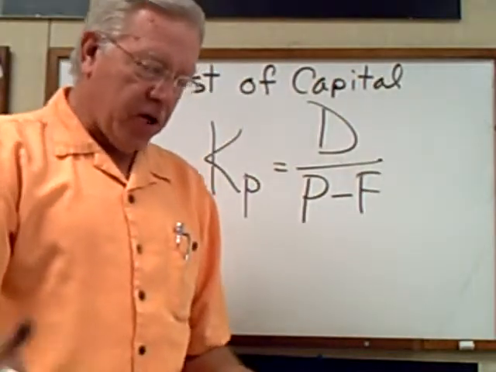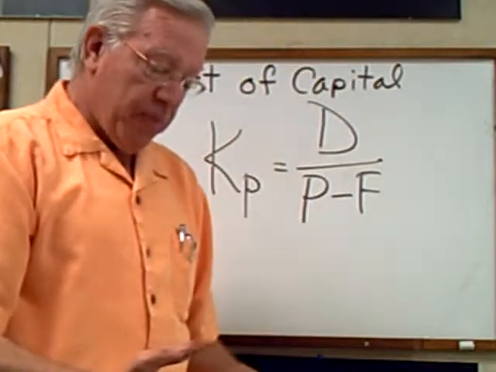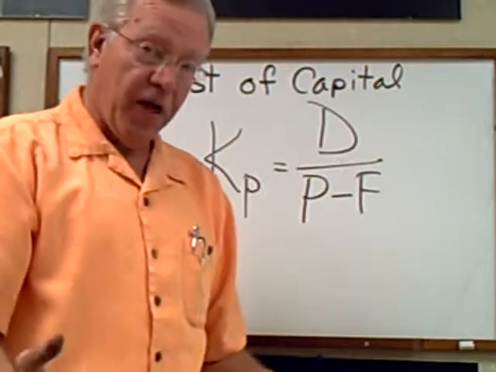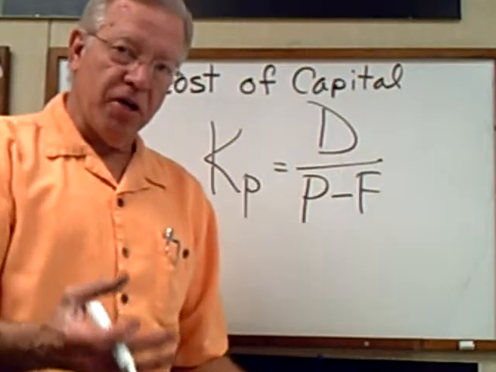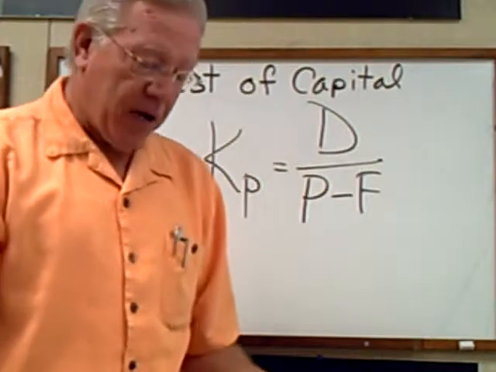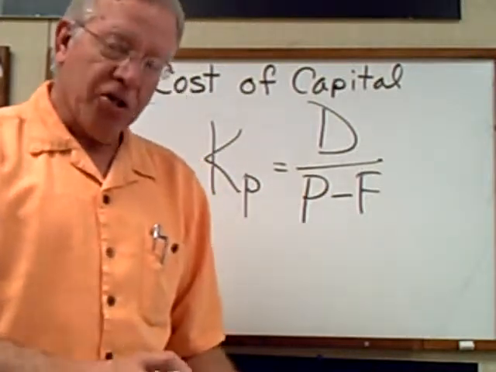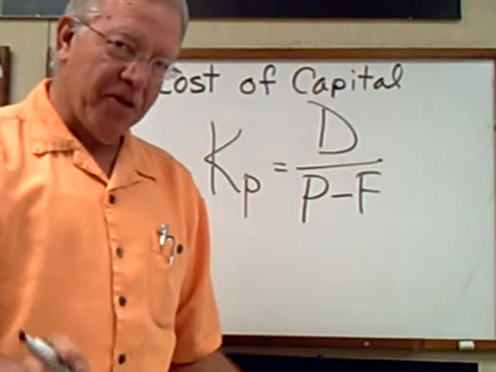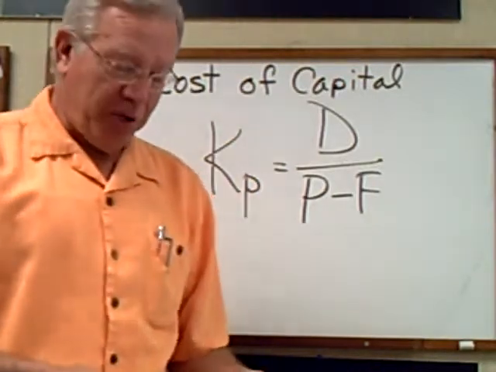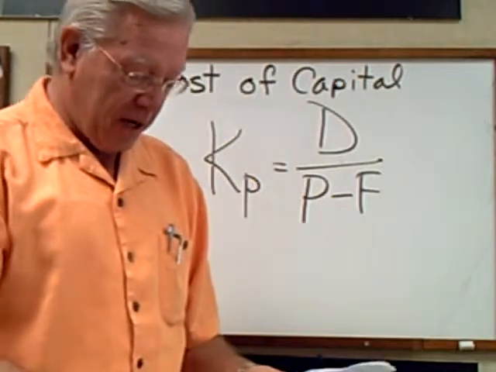This flotation cost is something interesting because most companies don't issue their preferred stock or anything else by themselves. They usually have an investment bank issue that for them. So the flotation cost is simply the service fee that you pay to the investment bank to get that particular issue completed.